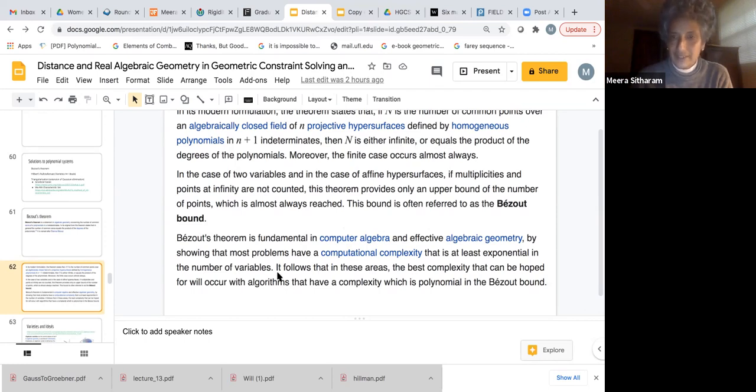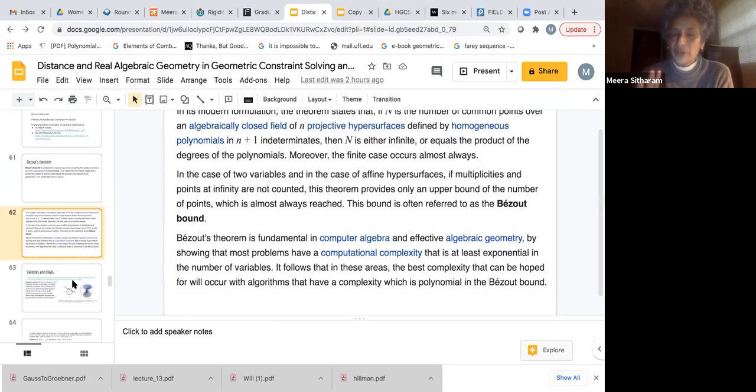So whatever your algorithm is, in order to find all the solutions, it's going to take exponential time. That sort of gives you what to expect. So when you're solving polynomial systems and you want to find all the solutions, you're going to end up with algorithms that run for a long time.